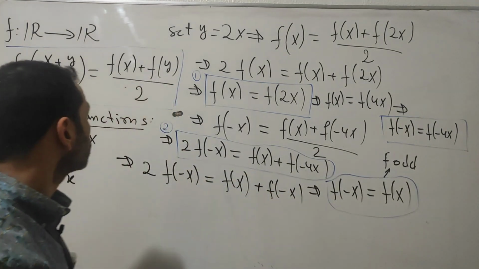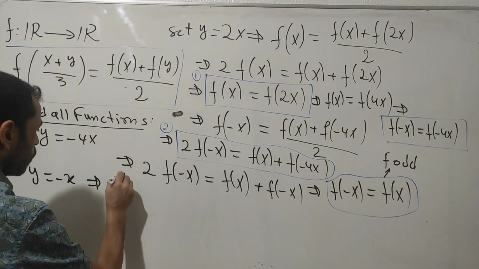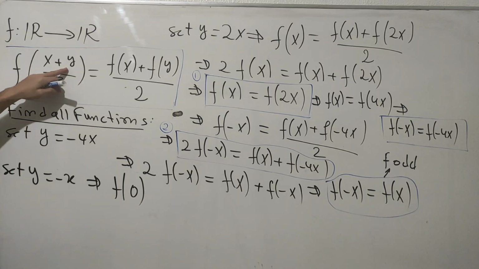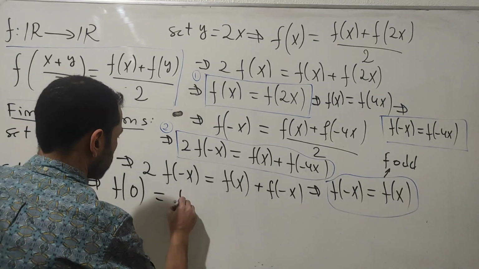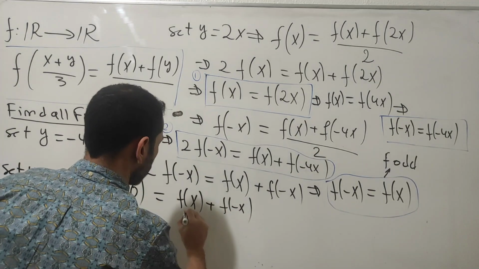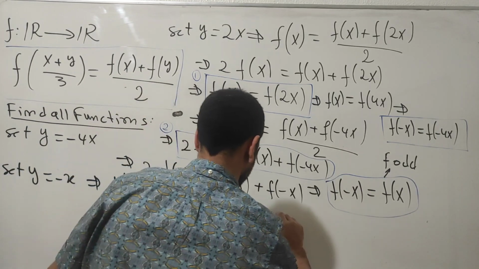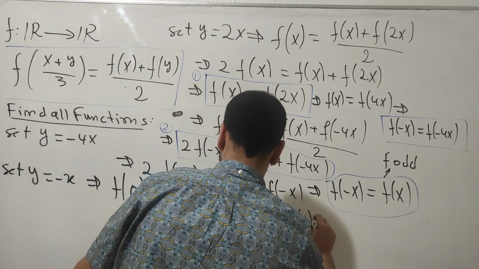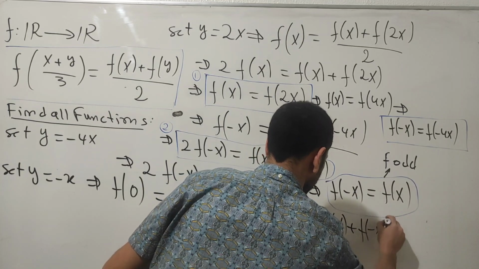So I will have f of 0, because y minus x plus x, equals f of x plus f of minus x all over 2. Then crossing the multiplication, I get 2 f of 0 equals f of x plus f of minus x.